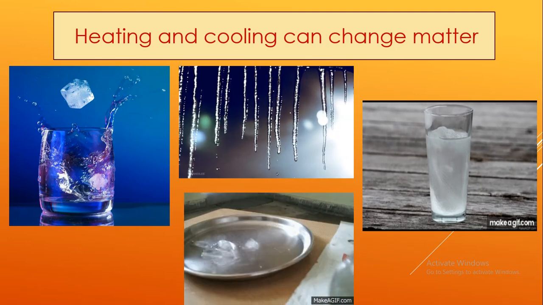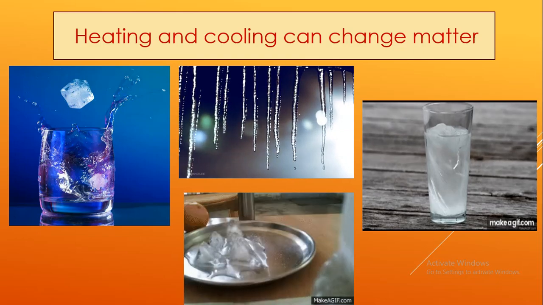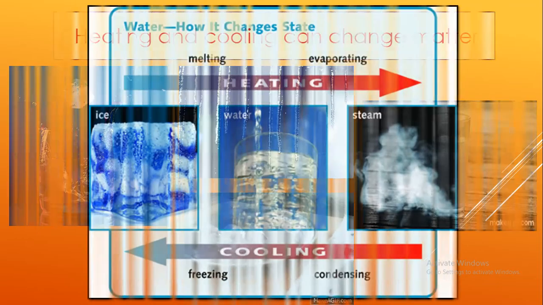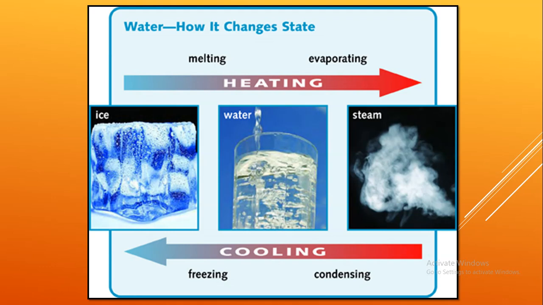And you can see how matter changes by observing water. Let's take a look at this picture. This is ice. If you heat the ice, it will convert into water. It will become liquid water. If you continue to heat liquid water, it will become steam or water vapor.